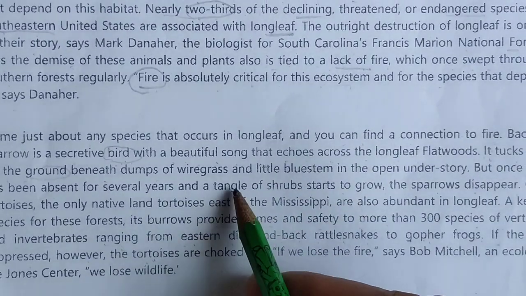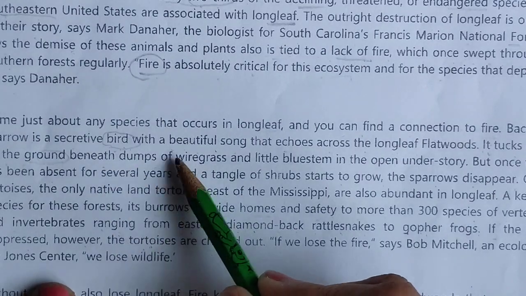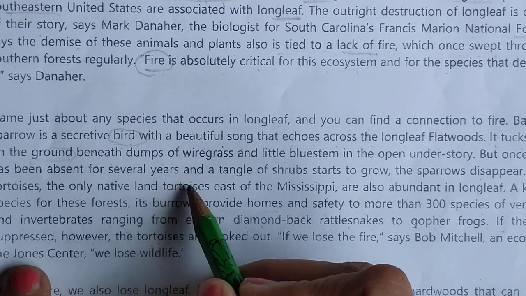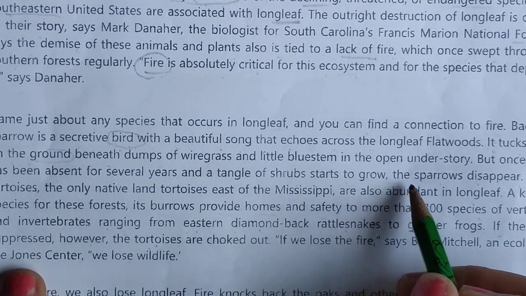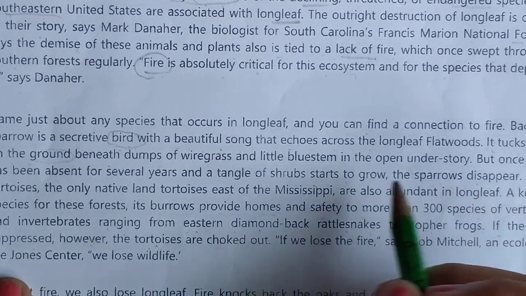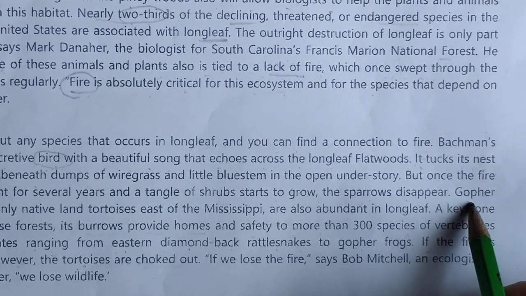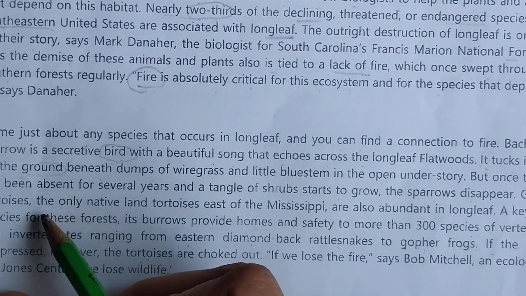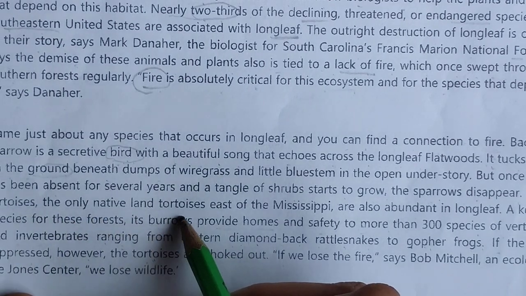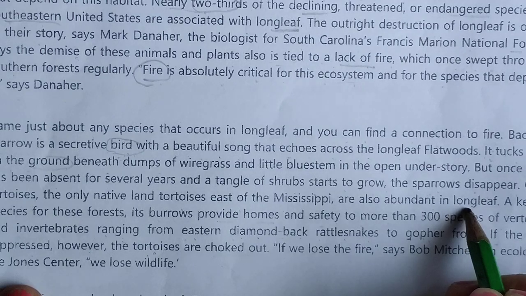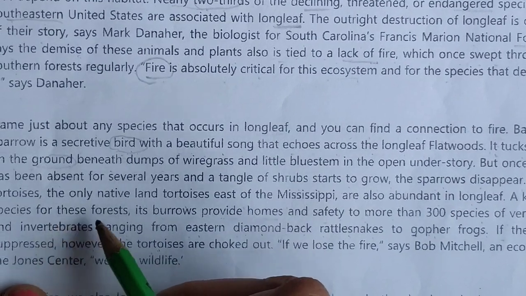Burrows. So after this, let's read it thoroughly. But once the fire has been absent for several years, a tangle of shrubs starts to grow, sparrows disappear, gopher tortoises, the only native land tortoises east of the Mississippi, are also abundant in longleaf, a keystone species for these forests.